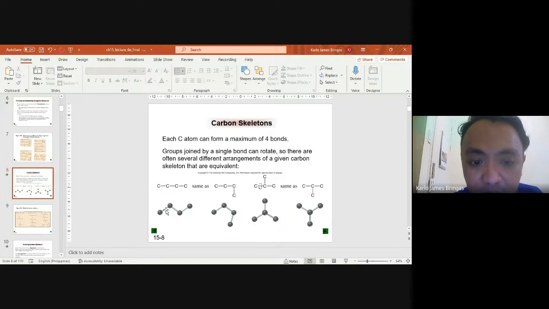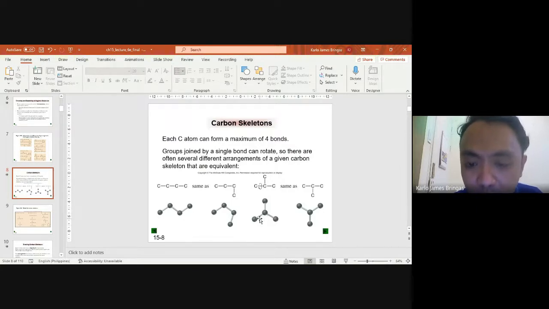In the first picture here, you can see that each carbon has only one carbon attached to it. So this one, only one carbon follows it. This one has one more following it, so actually it is bonded with two. And this one has one more bonded to it. So this one here in the middle has two carbons attached to it.